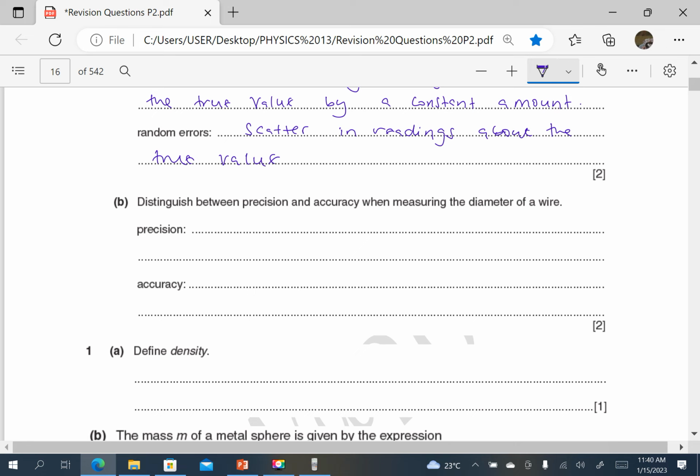Distinguish between precision and accuracy when measuring the diameter of a wire. We know accuracy will be looking at how close the measured diameter is to the true value of the diameter. Precision will be looking at the size of the smallest division on the measuring instrument, and how small the range between measured values is, and this depends on the smallest division.